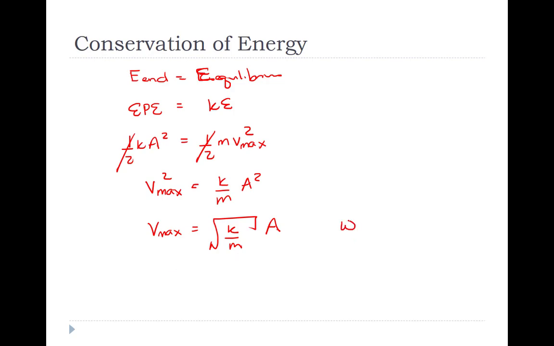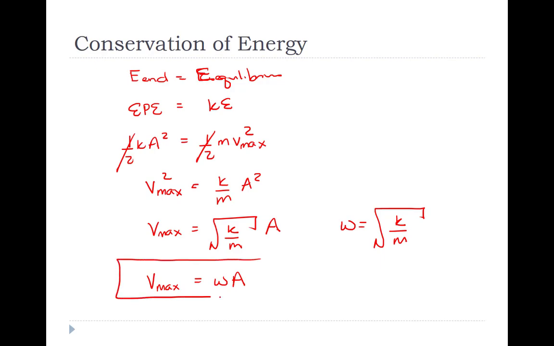In general, remembering from what we've done thus far this unit, omega was the square root of K over m. That means that I can write the maximum velocity as omega a. And this is true for all simple harmonic oscillators. If I now think about the forces, at an endpoint, the net force was as large as it was going to be. That was given by negative Ka. But remember, the acceleration was in the same direction as the force, so I can write that as mass times a negative acceleration.